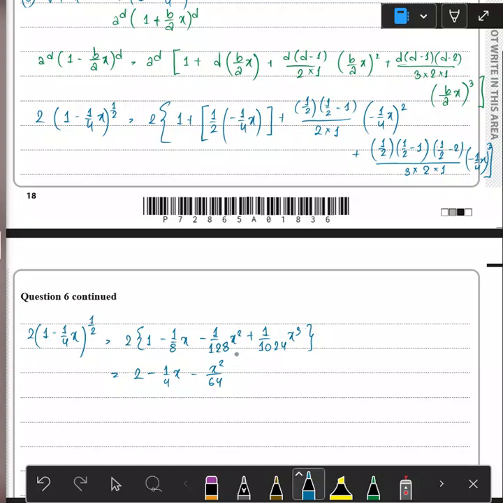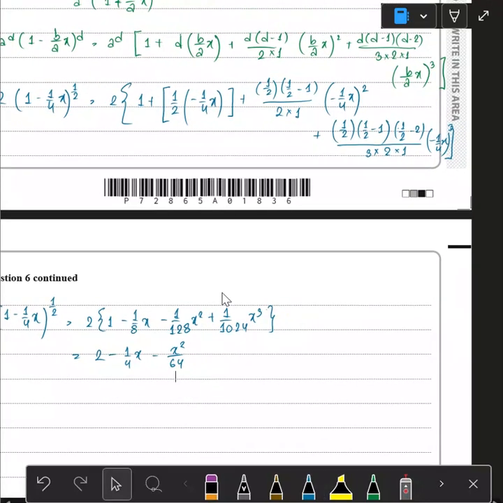I think I did, wait. Let me just double check this in my calculator, whether this will be positive 1 by 1024 or negative 1 by 1024.